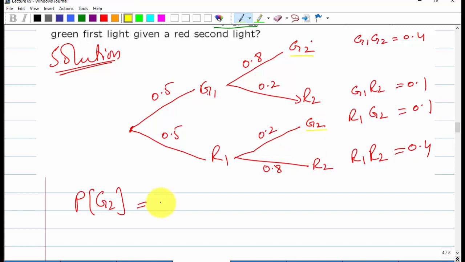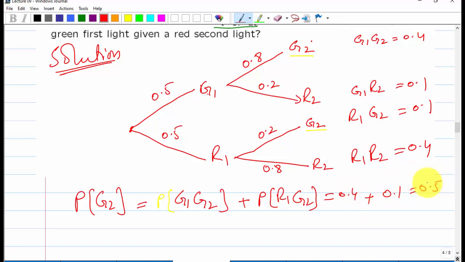So this is simply the sum of the probability of G1 G2 plus the probability of R1 G2. These values are 0.4 plus 0.1, which is 0.5. So for getting the second green light, we have a 50% chance.